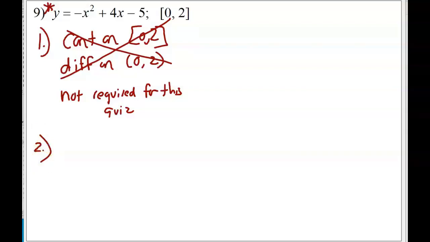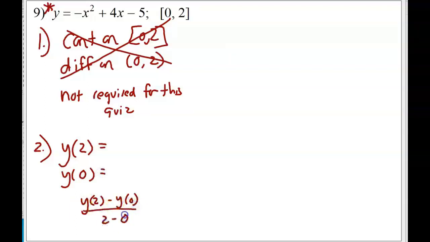All right, so the first thing I can recall after that was we found out what the endpoint values were. So what's y of 2, and we also want to figure out what's y of 0. After we figure those out, we're going to do y of 2 minus y of 0 over 2 minus 0 to find our difference quotient. Okay, so let's plug in our numbers.